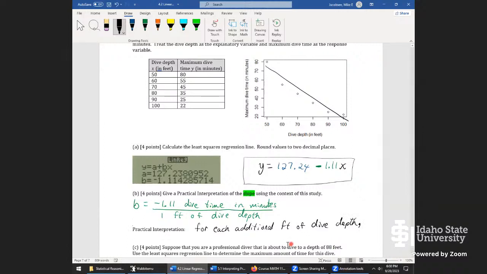We're on a better track now. We can say the dive time for that particular dive will go down by 1.11 minutes. So let's write that next.